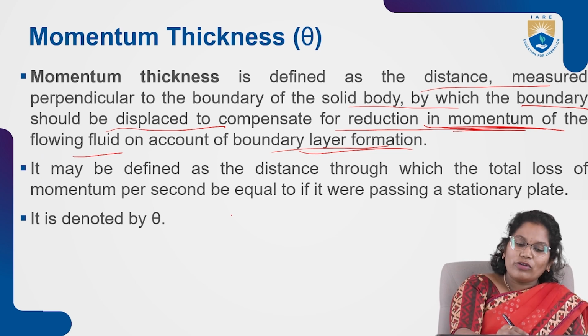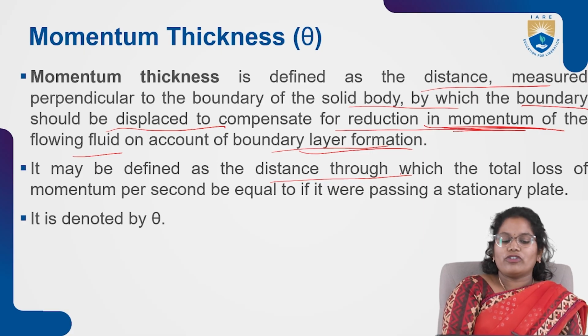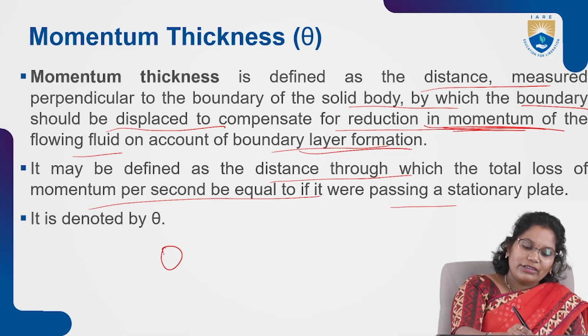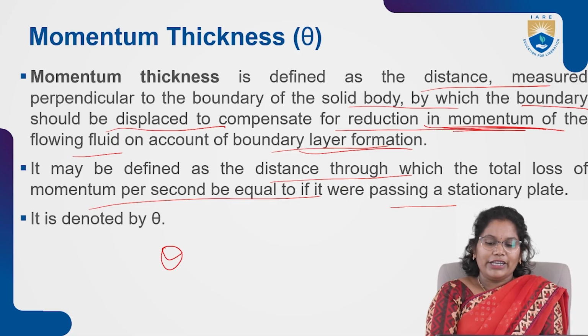It is also defined as the distance through which the total loss of momentum per second is equal to if it were passing a stationary plane. It is denoted by theta. Momentum thickness is denoted by theta.